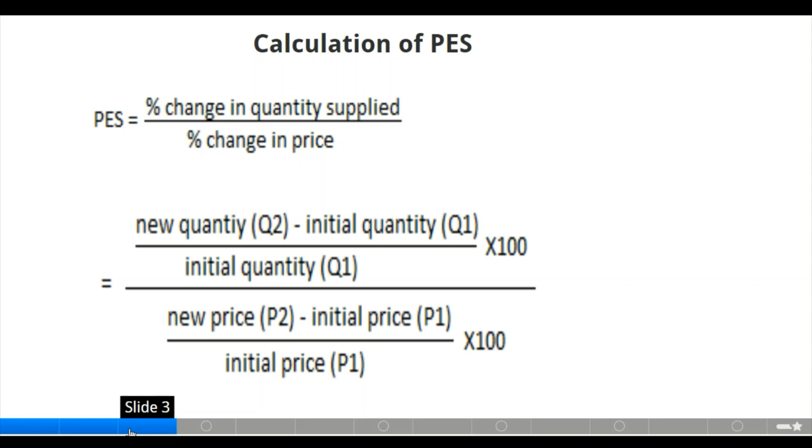For the percentage change in price, we take the new price, P2, minus the initial price, P1, divided by the initial price, multiplied by 100.